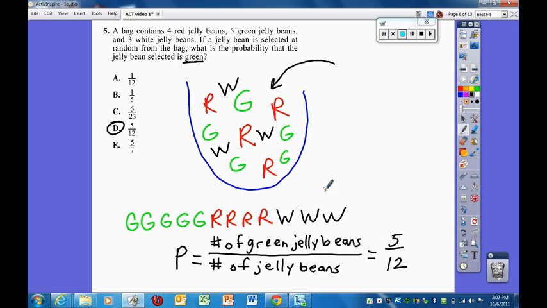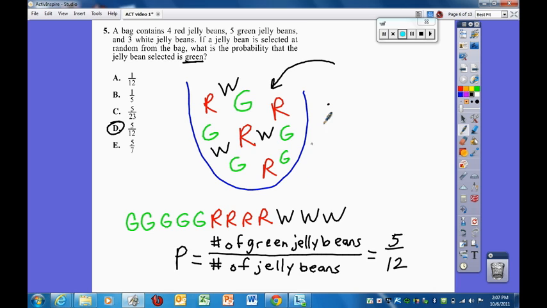Now, you have to know the information of what's in the bag to be able to work this. Okay, so you're the one who set up the experiment. You've put stuff in the bag. You know how much is in there. And you want to report to the people what's your probability of getting a green so that they'll play the game if that's what you're doing. Okay? Keep that in mind.